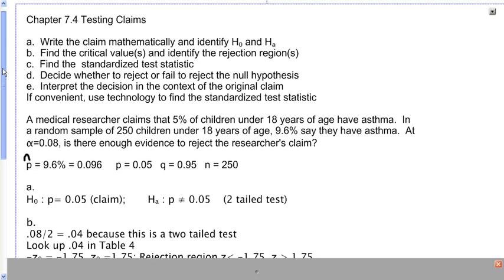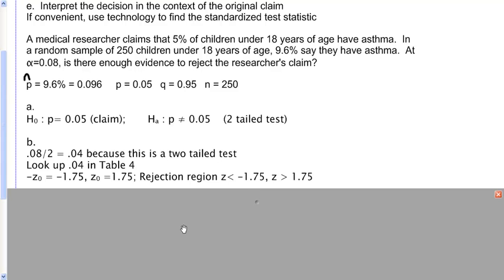So what we're going to look at next is, since it's a two-tailed test, I'm going to have to divide what alpha is, which is 8%, or 0.08, by 2, and I get 0.04. And I do that again because that's a two-tailed test. There's an area down on one end of the tail and an area on the right end, left and right ends.